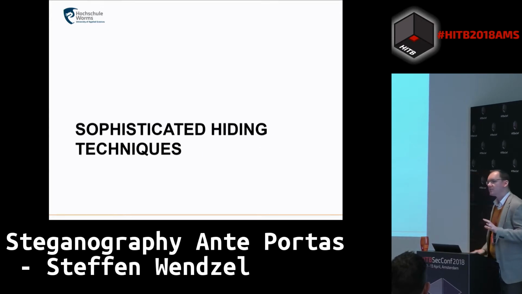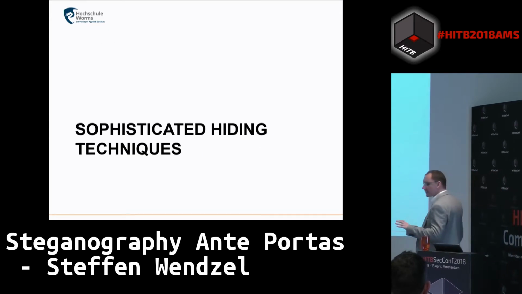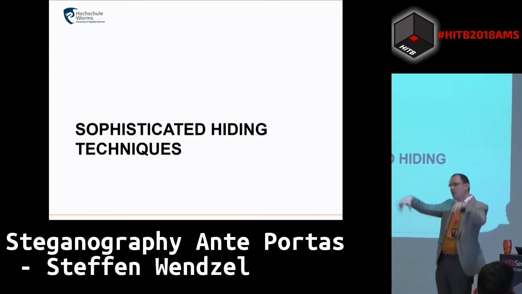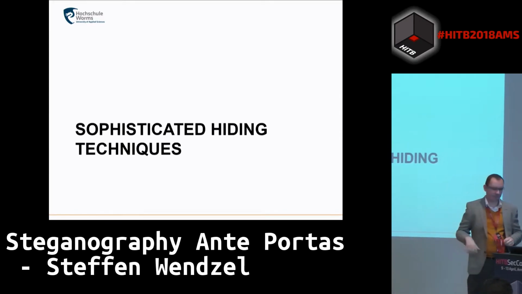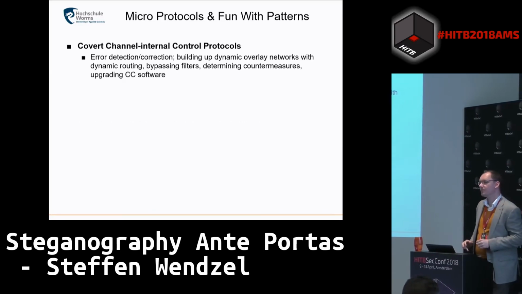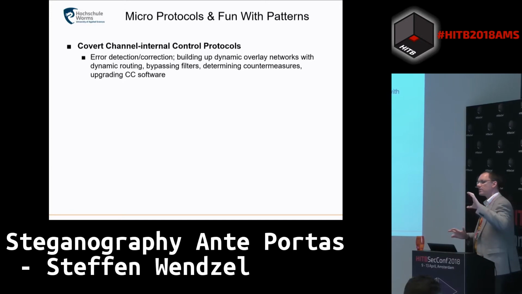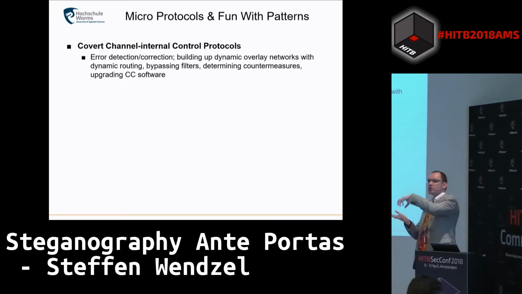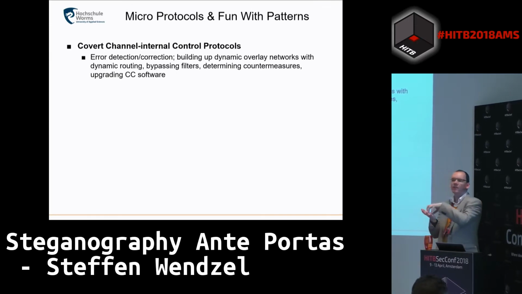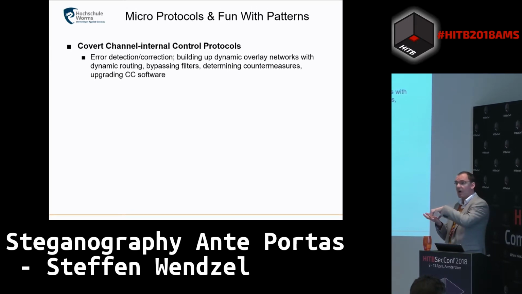Okay, so besides of these basic hiding techniques, there are also very sophisticated methods on top of these hiding patterns. One is microprotocols. The idea is we put a protocol into the covert channel, and that enriches the functionality of the covert channel a lot.